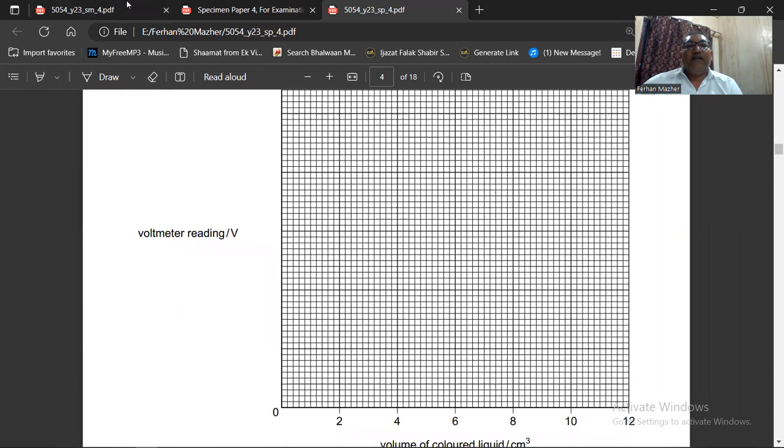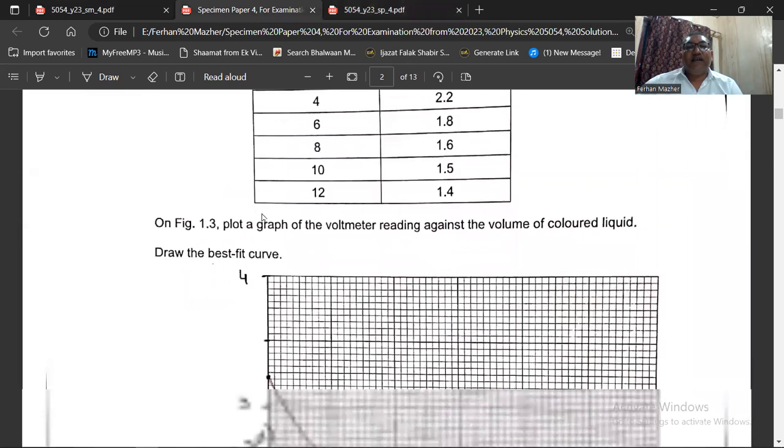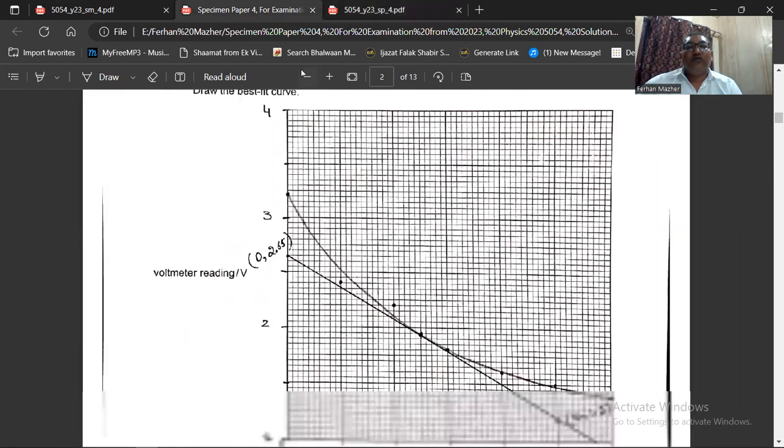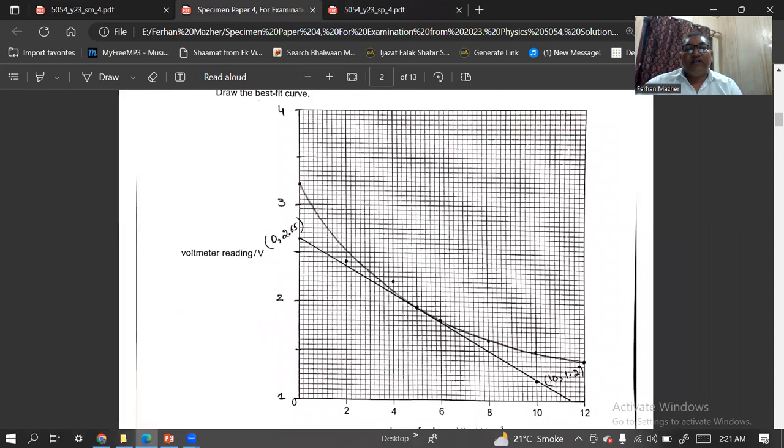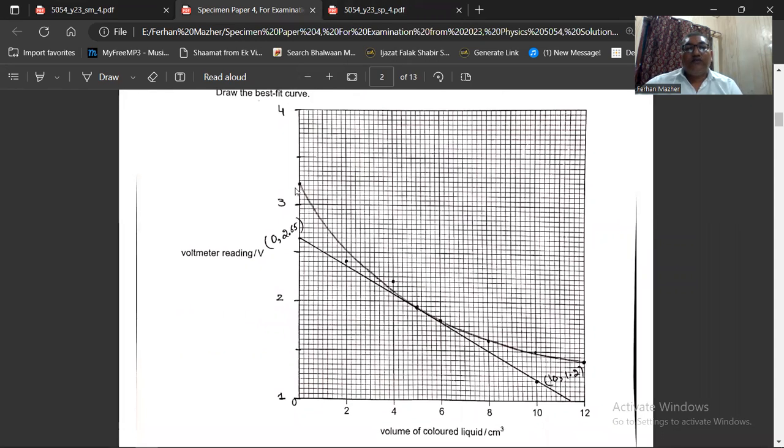So let me show you. I have done this, and here we go. I will label the graph: 2, 4, 6, 8, 10, 12 is the volume of the colored liquid. Here is the voltmeter reading, which is in volts. I have not started from 0.